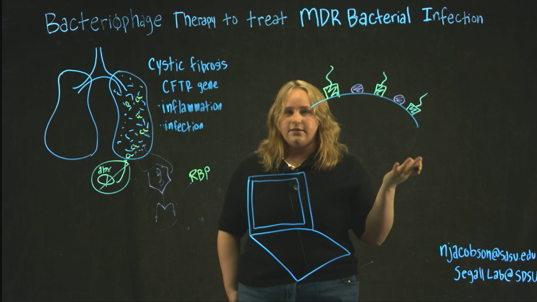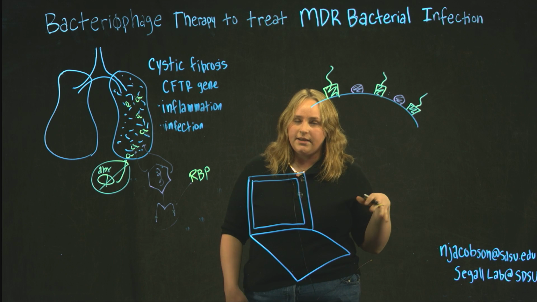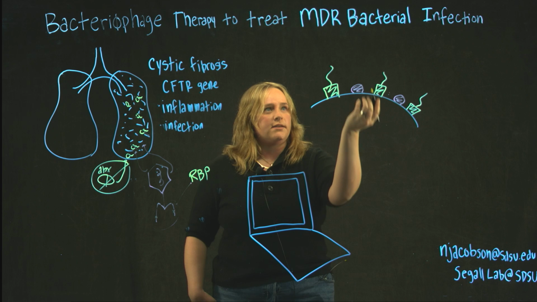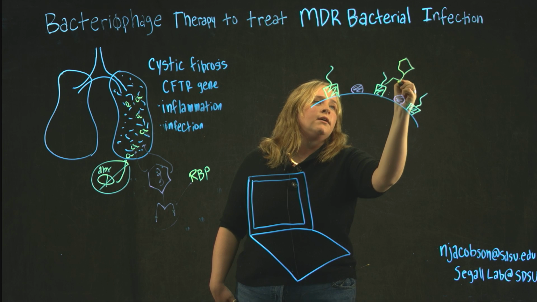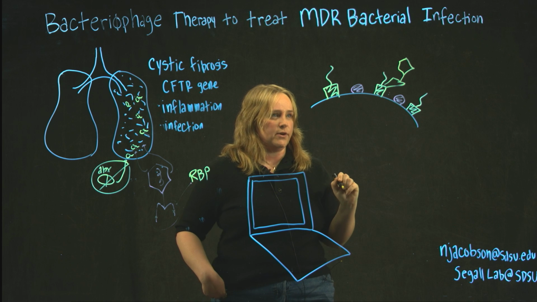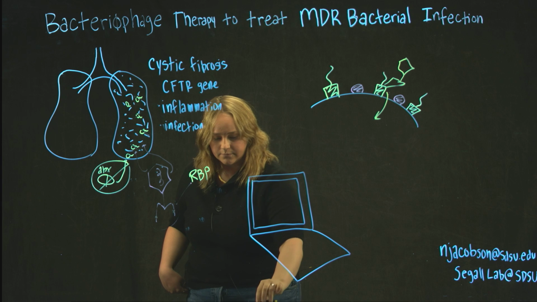The bacterial cell has a lot of receptors embedded in the surface, and when I say receptor, I mean flagella, LPS, glycoproteins, things like this. So when the phage comes in to infect, it's going to bind highly specifically to its receptor of choice, and then it will enter the cell for successful infection.